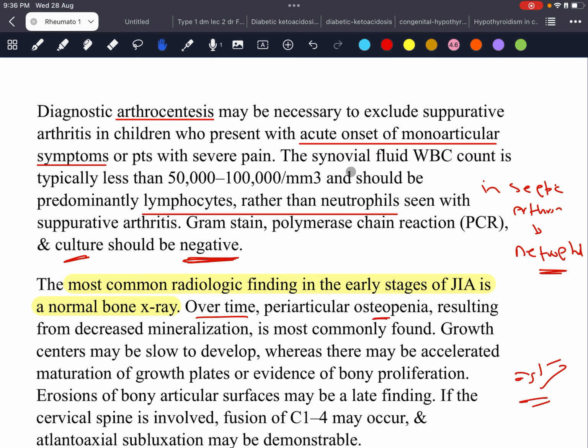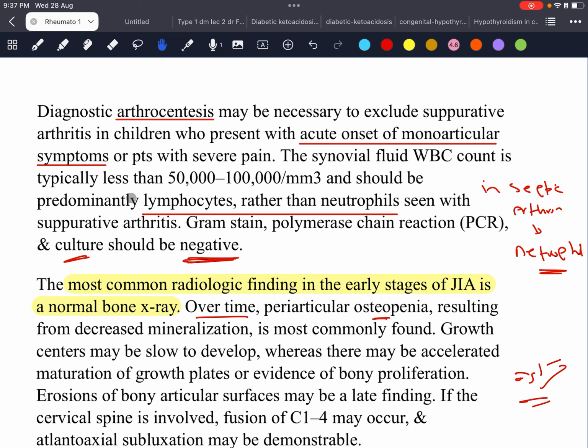When there is an acute onset of monoarticular symptoms, so you have acute swelling in just one joint, it may be confused with septic arthritis. In this situation, you have to do arthrocentesis and take aspiration from the effusion.